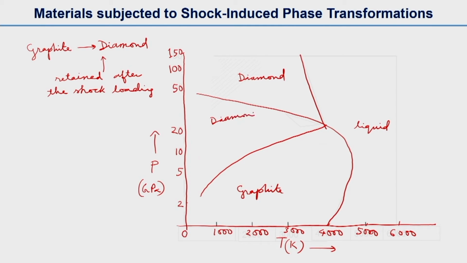Now here we can see that in between diamond and graphite, diamond and metastable graphite stay. Basically the diamond region is above this line mostly, and even some below this line we can have diamond.